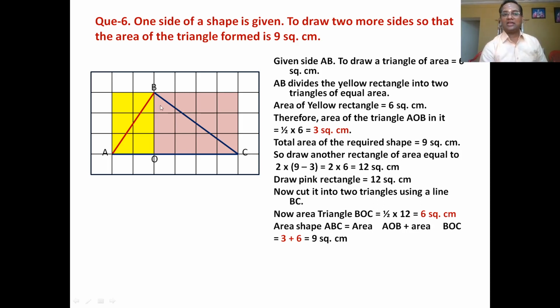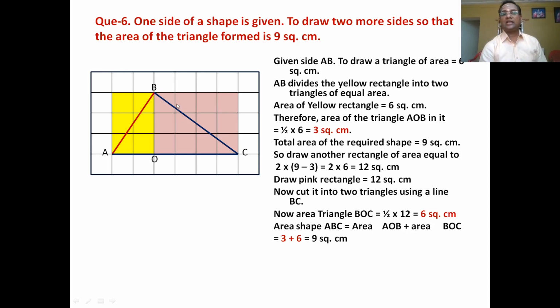I'll construct a rectangle on base BO so that the area of the rectangle here is 12 square centimeters, double of the required 6. Then I'll cut this rectangle using a diagonal BC.